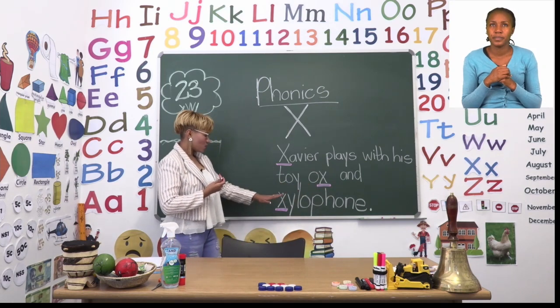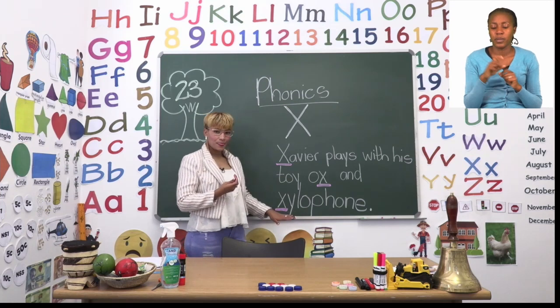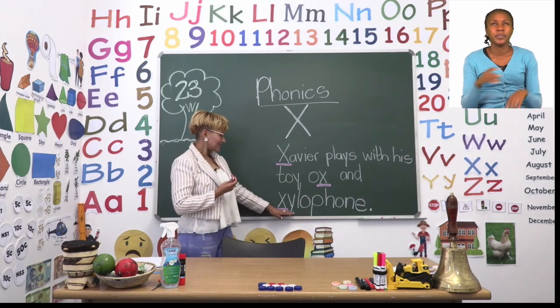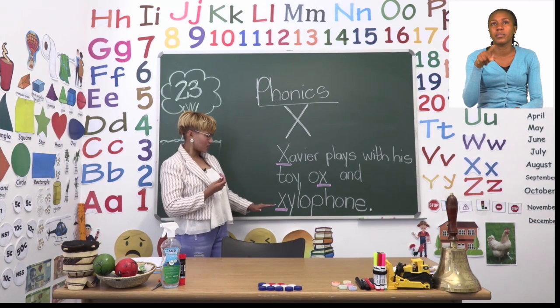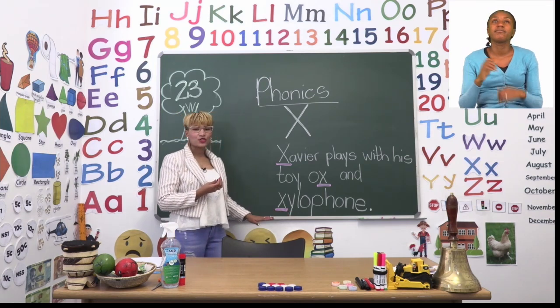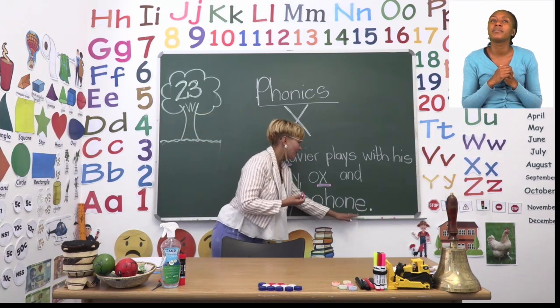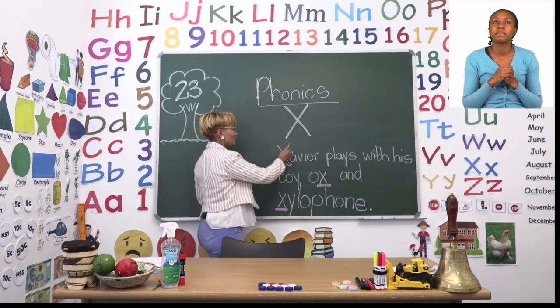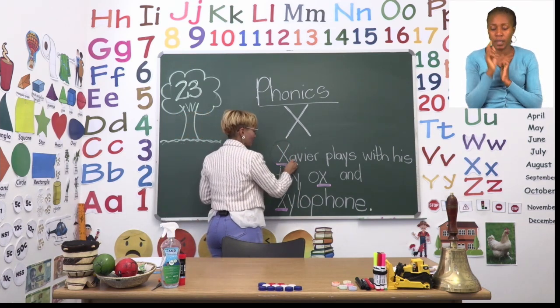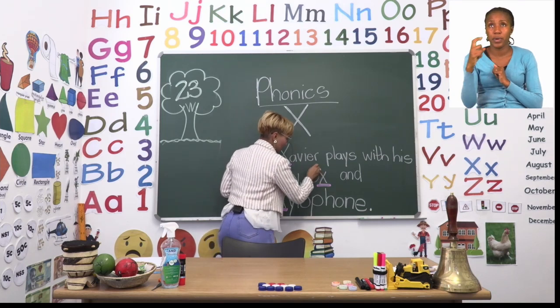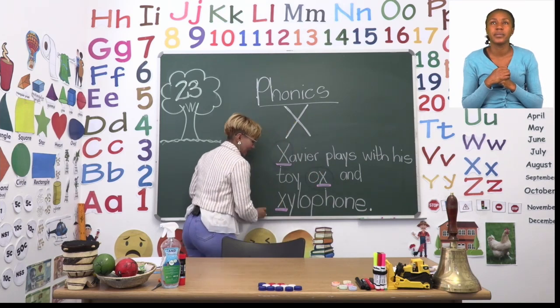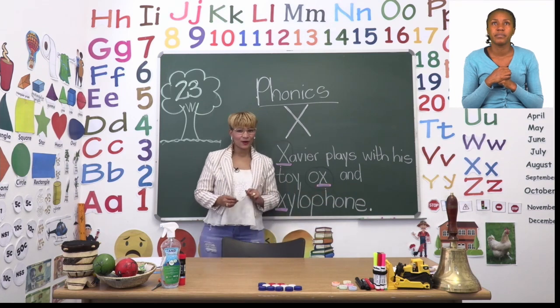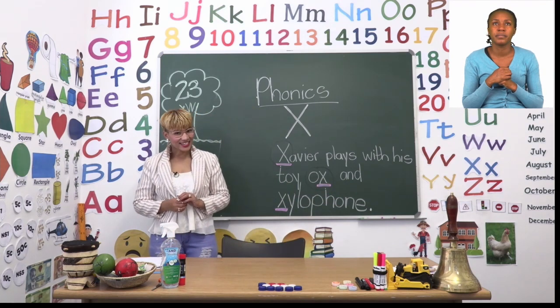And then in the word xylophone, it is pronounced Z again, just as we did with Xavier. So now we say xylophone. Right. Now what you need to do here is circle all the words with X's. So you can now go ahead and do that.